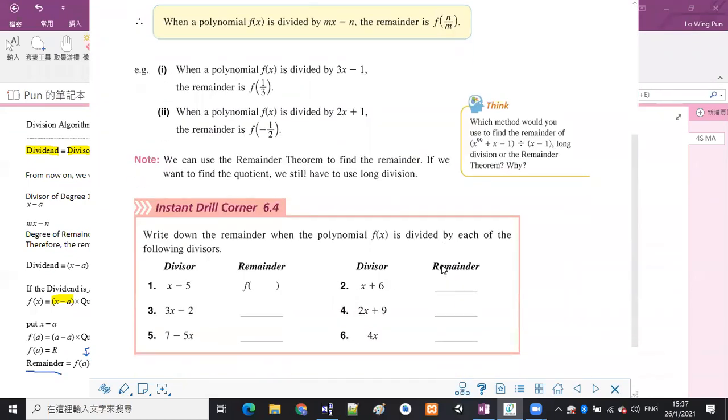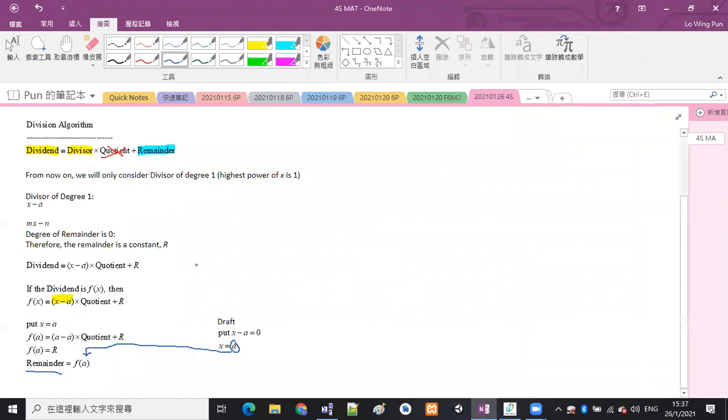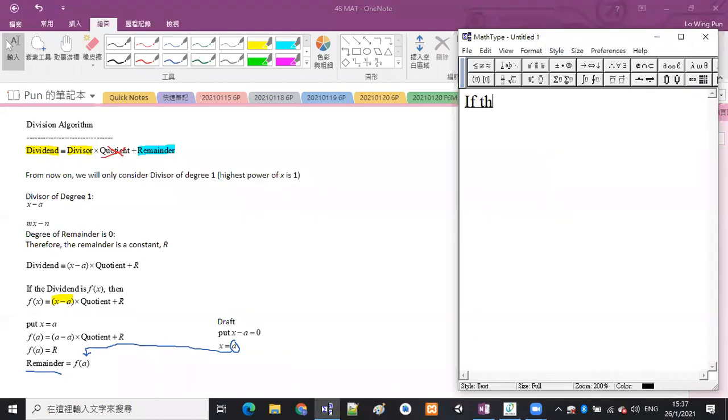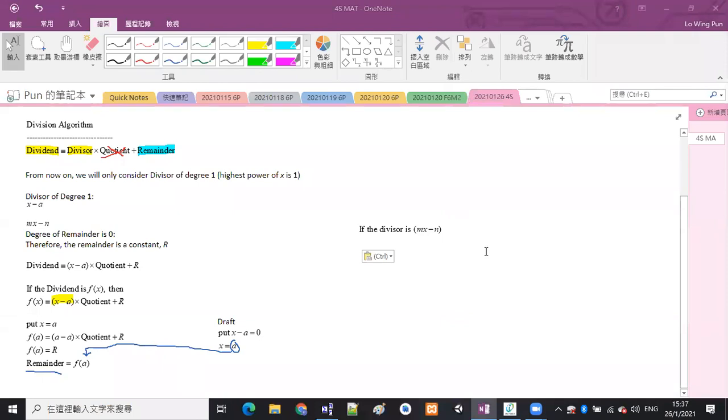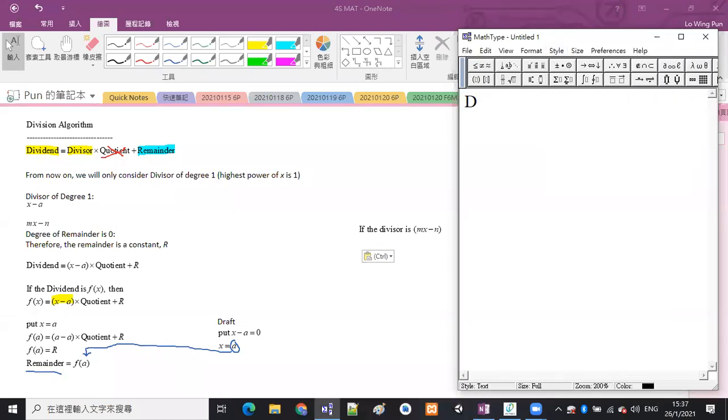OK，佢一次過講埋呢一度嘅話，好咁啊咁樣。如果今次，即係第二種啦，係 more general。If the divisor is mx minus n, okay, then the division algorithm becomes dividend is equal to mx minus n times quotient plus remainder.